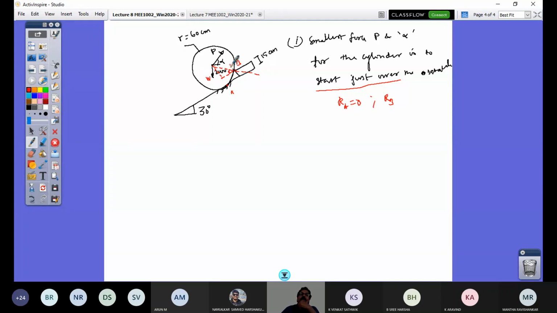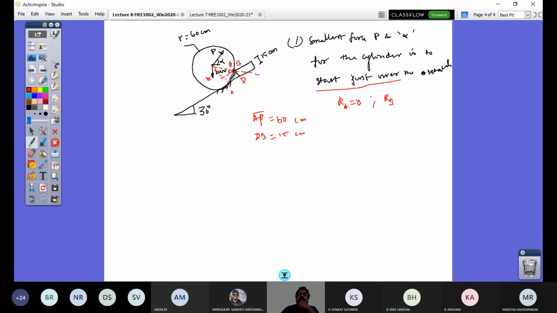So this direction theta here I can find out from the given geometry. AP is the radius, which is 60 centimeter, and this point is 15 centimeter. Let's say this point is D. So DB is 15 centimeter.